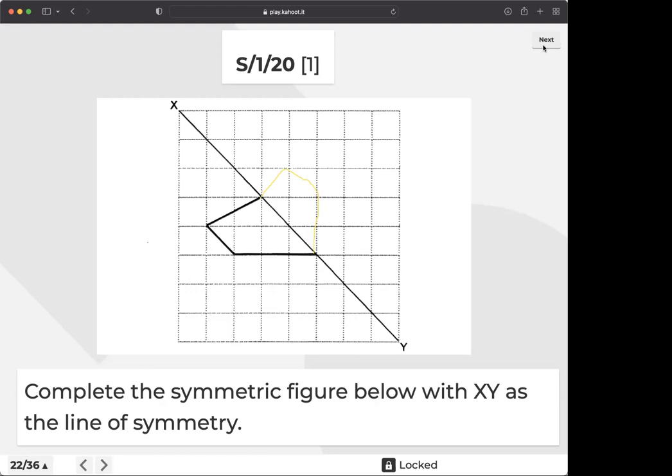Do you all think Rainy's answer is correct? Okay, Lauren, can you try now? Lauren, can you try?